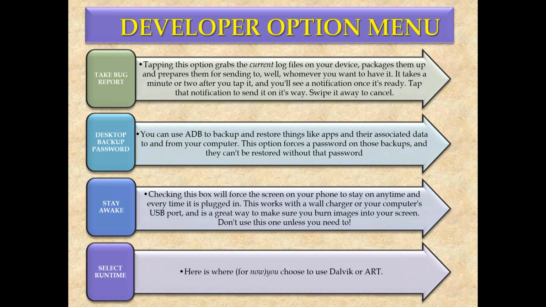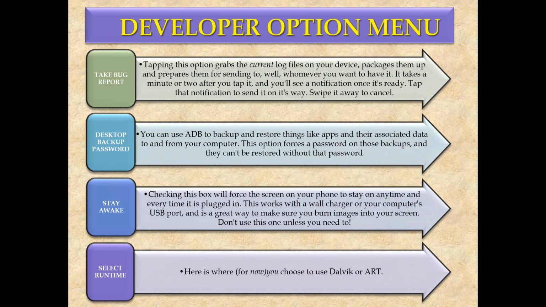Some of the devices might not have this option, but on my device I do have it. Developers can use this option to see, if your Android runs on the Dalvik virtual machine, is the application working better or worse. So you can select between these two options.